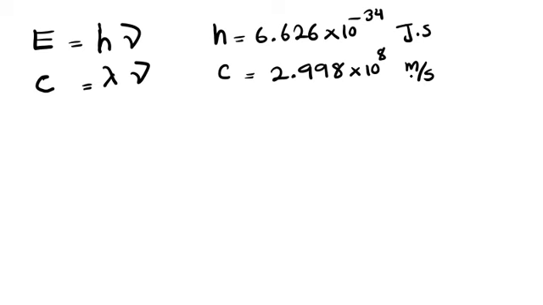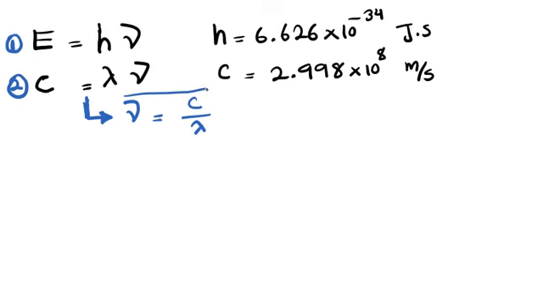One question: can we combine these two? Absolutely you can. If we have this as the first equation and this as the second one, from the second one I'm going to write nu as c over lambda, based on equation number 2. Then I'm going to plug into the first equation, E equals h nu.